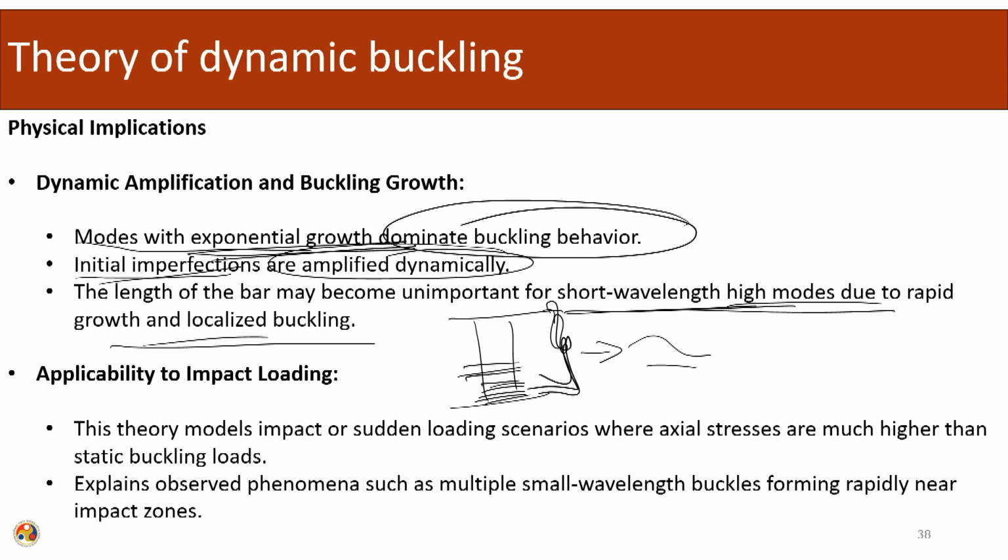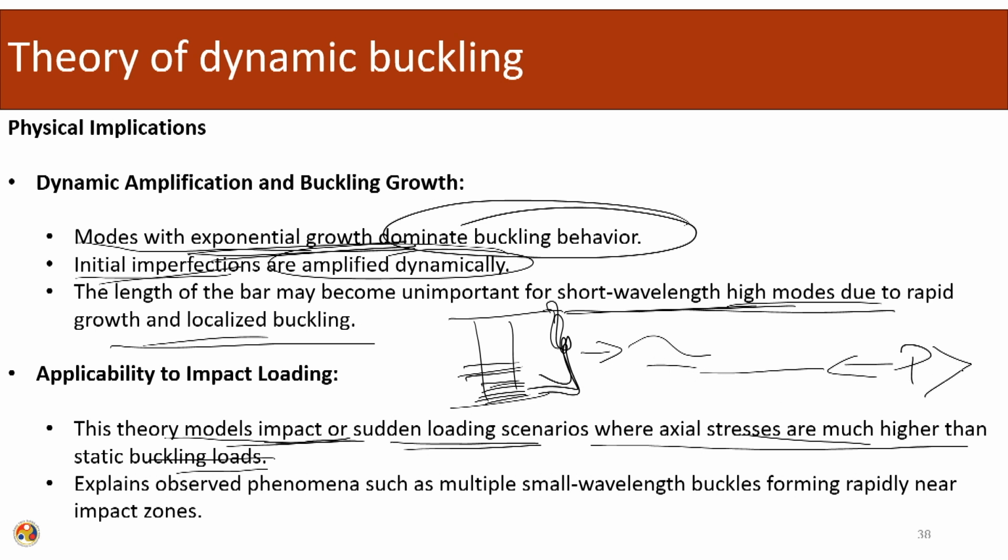Now, the application of these things for the impact loading. This theory is able to model the impact or sudden loading scenarios where axial stresses are much higher than the static buckling load. The axial stress effects are of higher magnitude than the static buckling load.